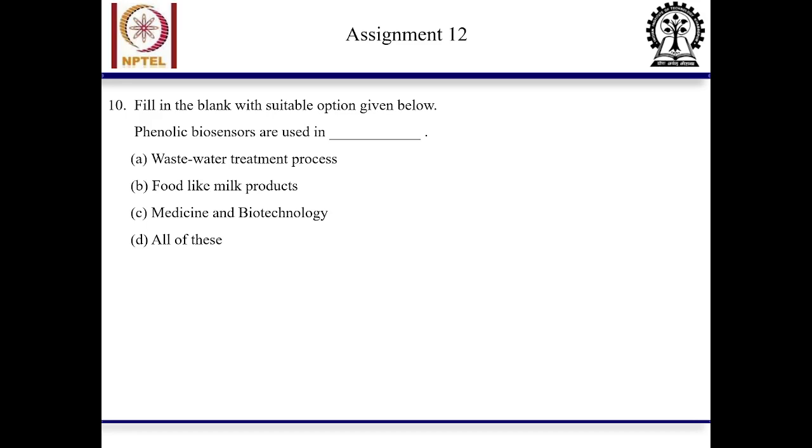Can anyone just write in the chat box? Okay, so the answer is D, and the professor has already told you all about the phenolic biosensor.